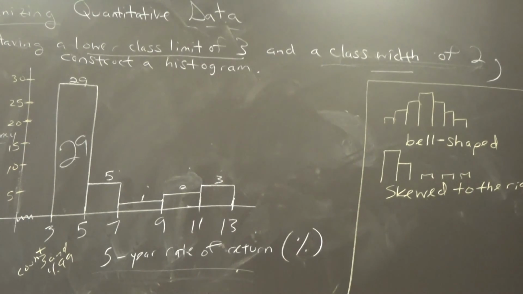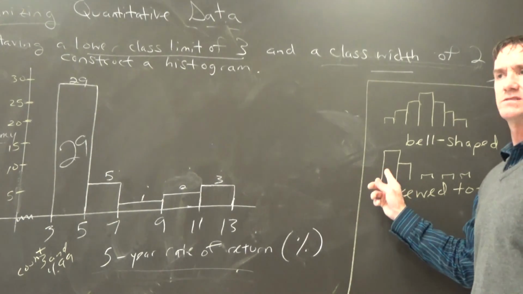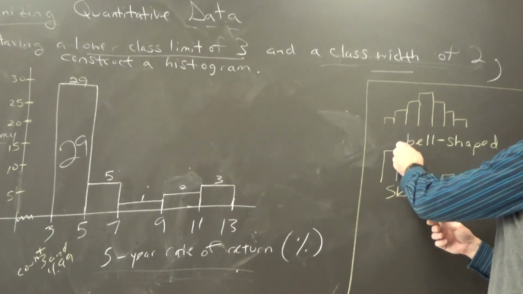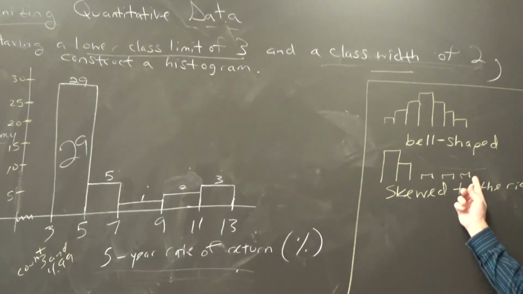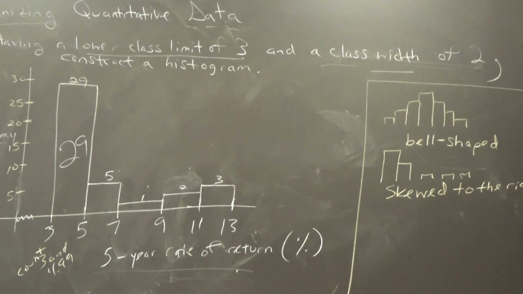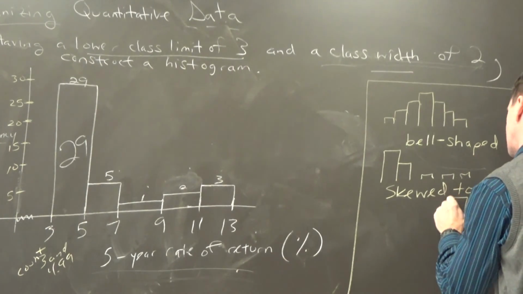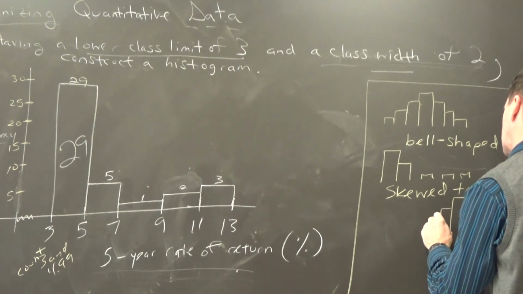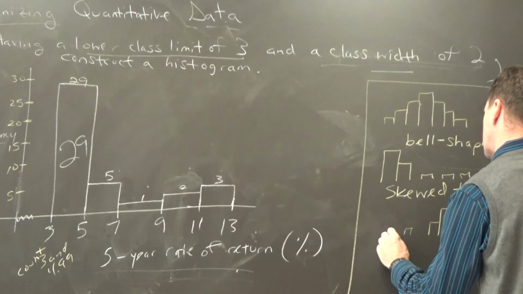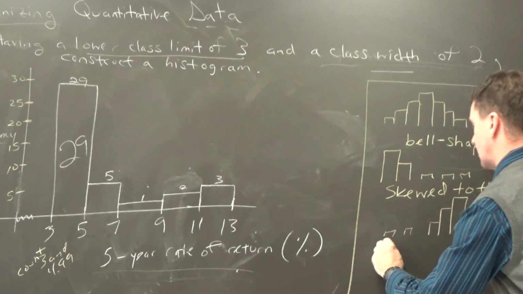If you have a hard time remembering left and right, think of this like a dog with a little tail. It's skewed towards the tail. So what could you call this? Ta-da, what if it went like this, with the tail over here? Skewed to the left.